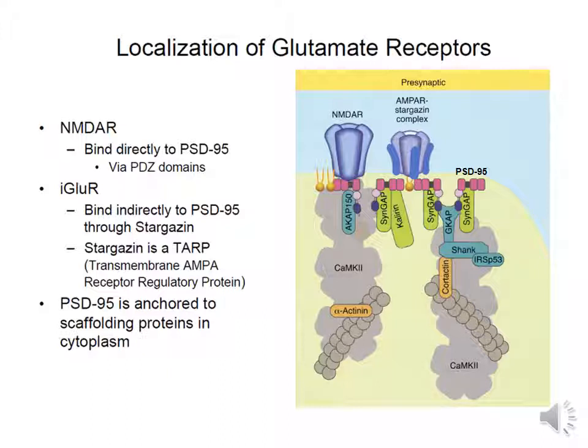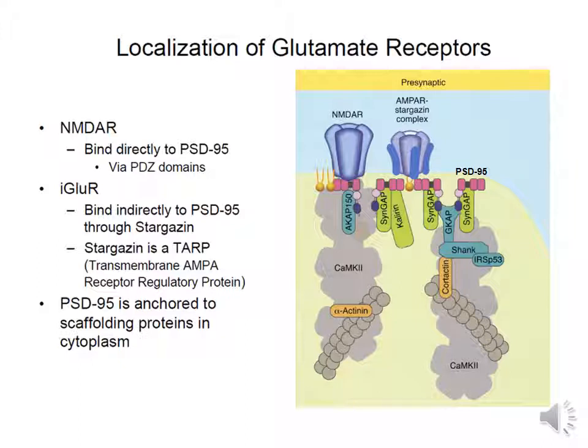In the case of NMDA receptors, they directly bind to a postsynaptic scaffolding protein called PSD95. This PSD95 protein has a lot of different domains called PDZ, which are responsible for interacting directly with the subunits of the NMDA receptors. Then PSD95 binds to other proteins that end up binding to the cytoskeleton, and that's how the entire complex is anchored to the membrane.